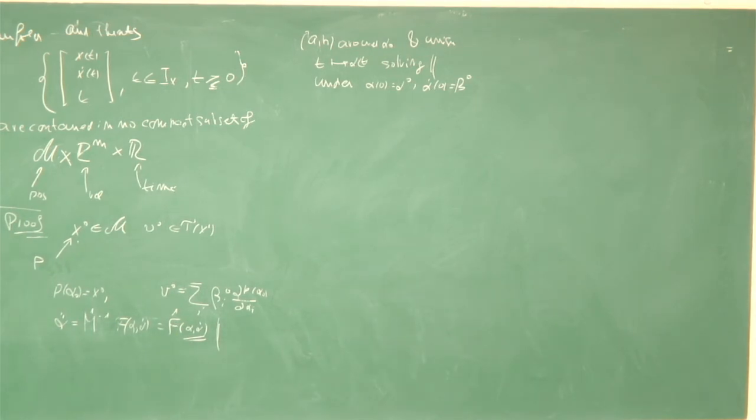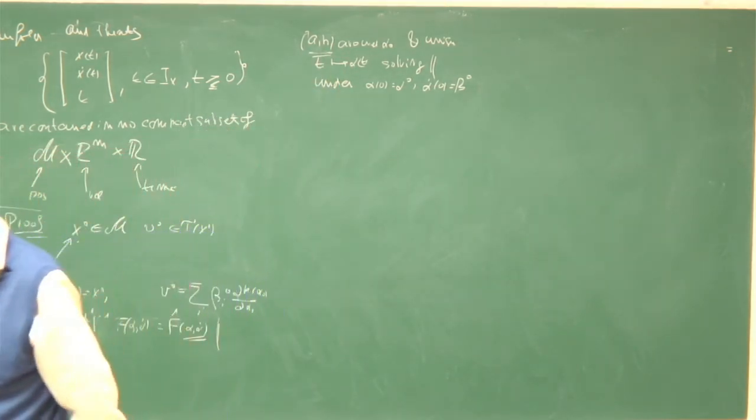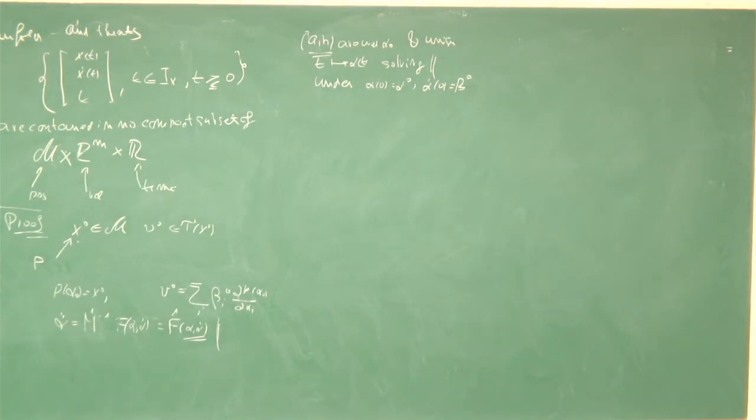Now, this solution is unique locally on this small interval. That's the theory which is guaranteed. And the same way, we know that again on this interval, no two solutions can cross, then cannot separate. This is just the other way of stating uniqueness.